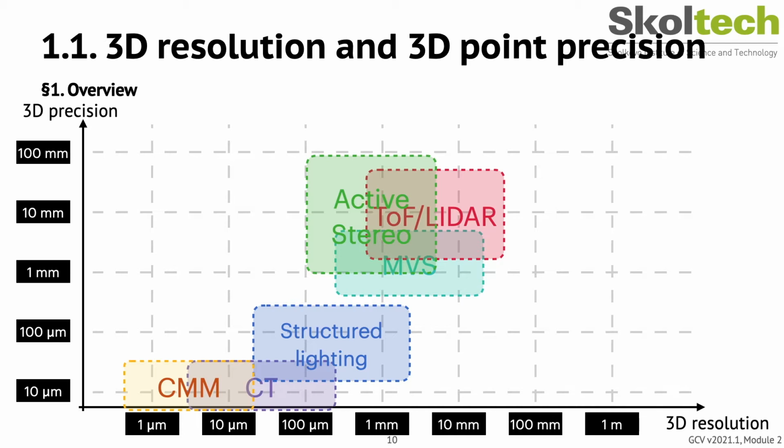CMMs and computed tomography are again the most precise methods that can deliver micrometer resolution. TOF, LIDAR, and active stereo methods are commonly less accurate, with resolution and accuracy within tens of millimeters. Structured light systems provide a compromise, being able to scan at sub-millimeter resolution with accuracy around tens or hundreds of micrometers.